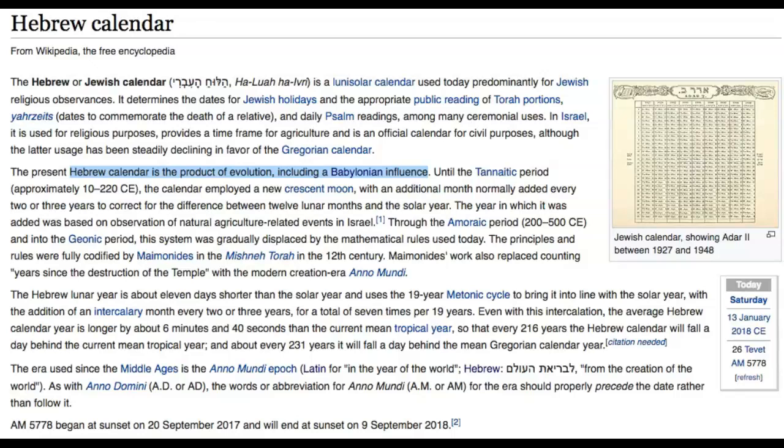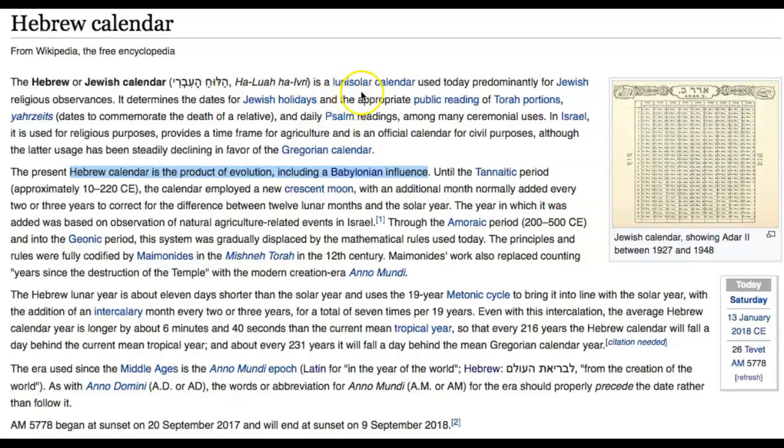But now we're going to talk about calendar origins, and we're going to show you the Jewish calendar, the Islamic calendar, and also their roots from the Babylonian calendar, and prove to you how the lunar calendar and lunar Shabbat is actually synonymous with the Babylonian calendar, because they show you here at Wikipedia that the Hebrew calendar or the Jewish calendar, and it's really just the Jewish calendar because the Yahudim Hebrew calendar is nothing like this one.